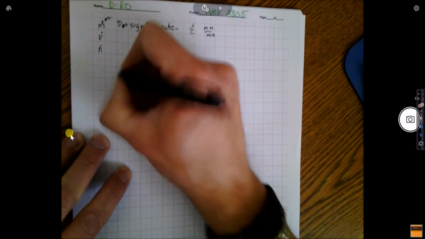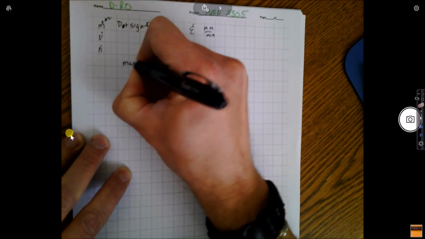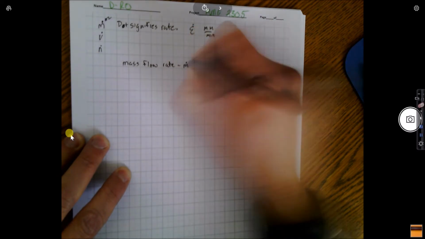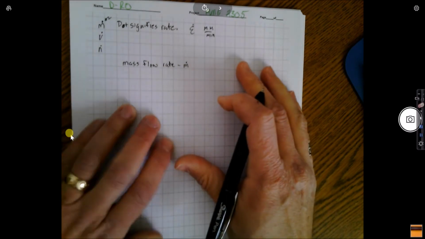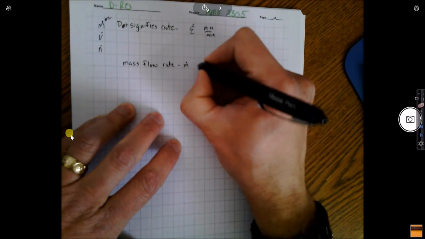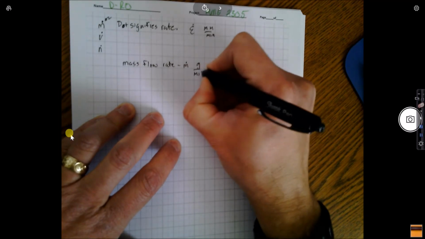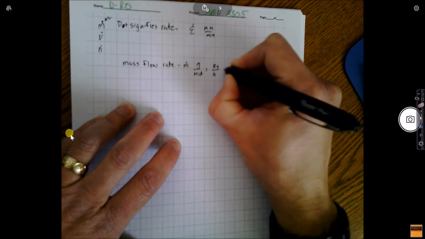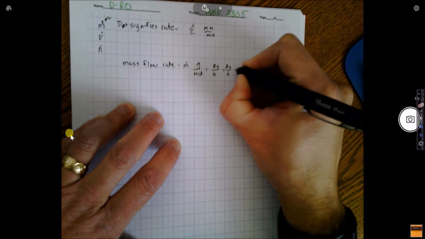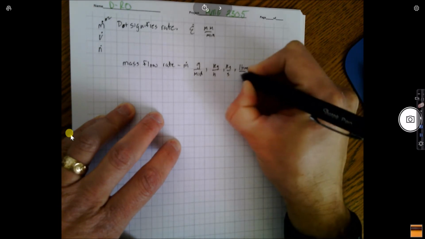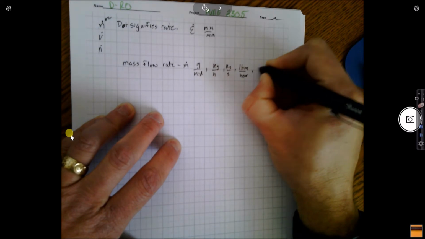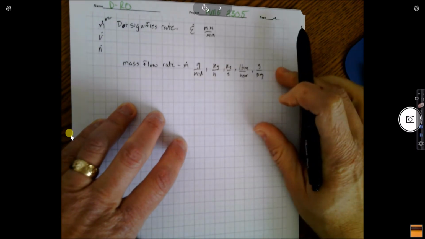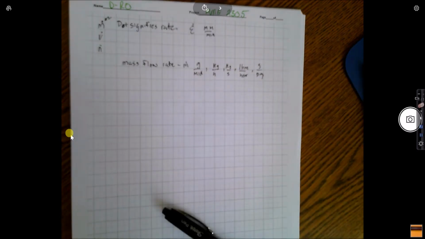Let's start off with mass flow rate, M. Example units would be grams per minute, kilograms per hour, kilograms per second, pounds mass per hour, or grams per day. Any unit of mass over unit of time is essentially a mass flow rate.